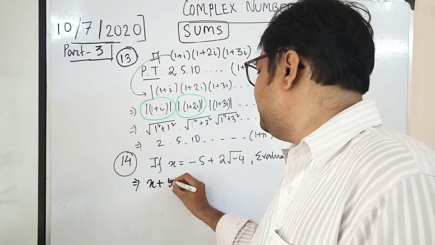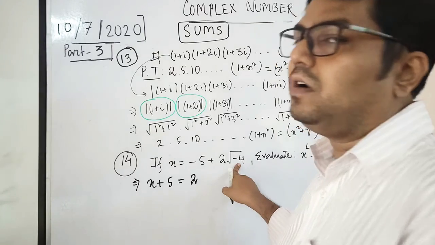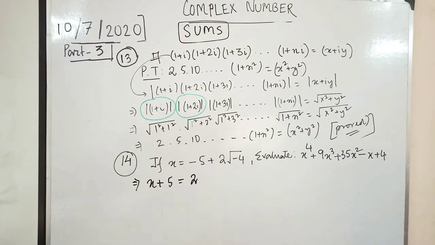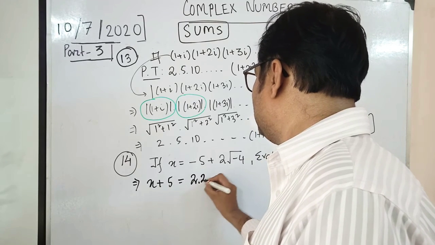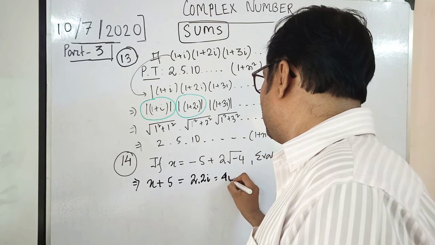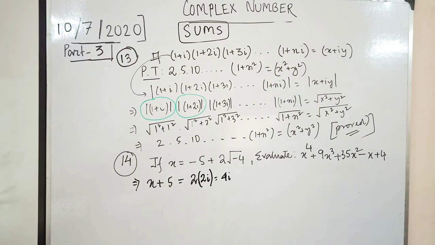Then x plus 5, if I shift this 5 to this side, this becomes root over minus 4, which means it becomes 2, and root over minus 1 becomes i. So basically it becomes 2i, that means it becomes 4i. That means it becomes like this: x plus 5 is equal to 4i.